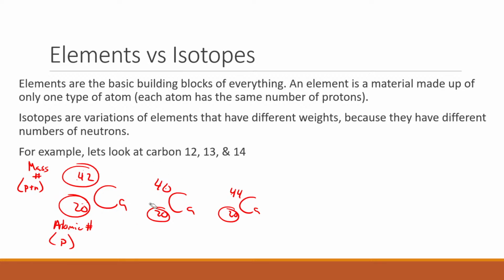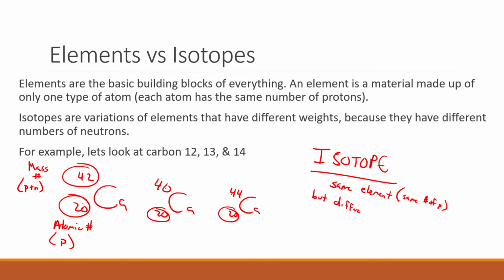And when we look at different copies of the same element that have different numbers of neutrons, those are isotopes. Right? An isotope is when you have the same element, so the same number of protons, but different mass numbers, so different numbers of neutrons.